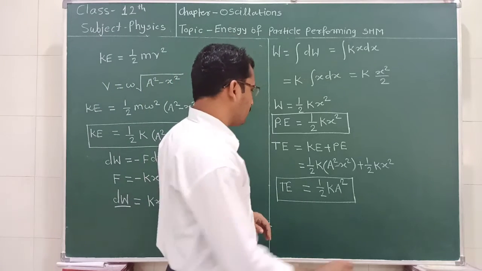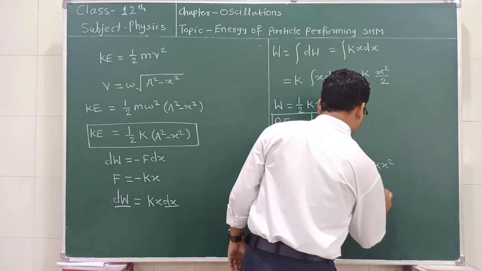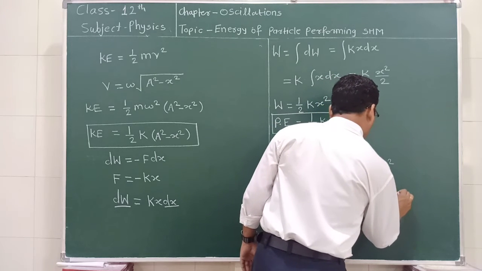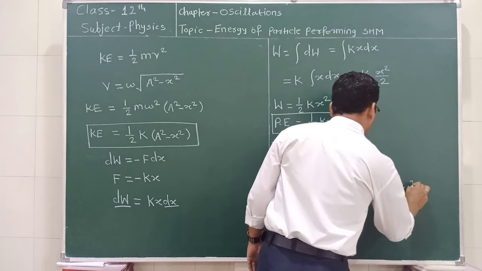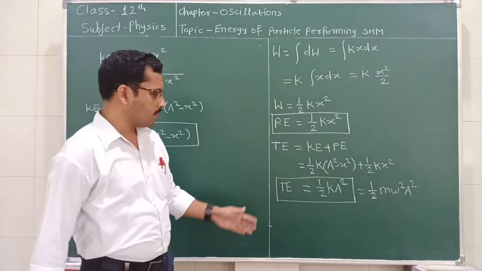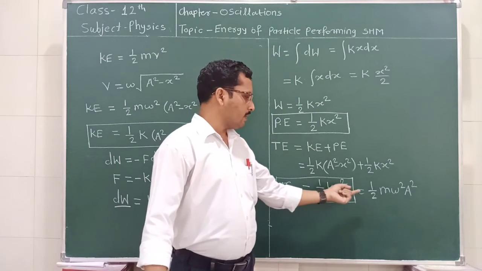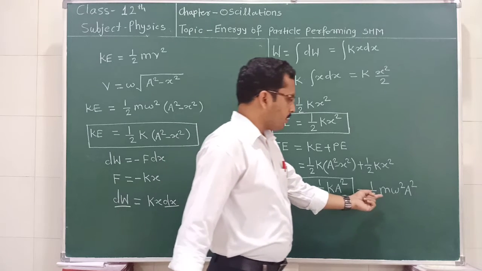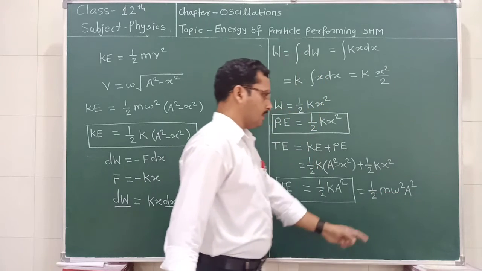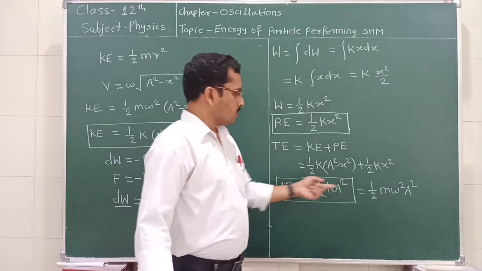If we put k equal to m omega square, then the total energy is 1 by 2 m omega square a square. So this is another relation for the total energy.